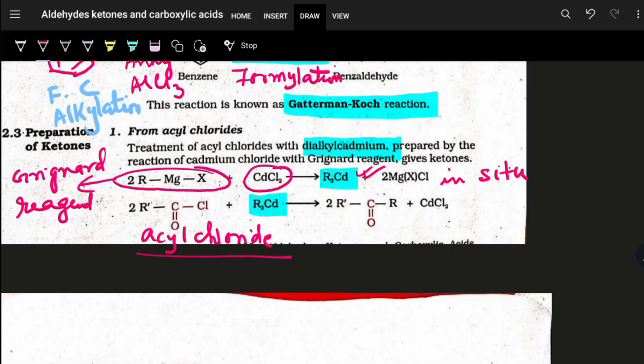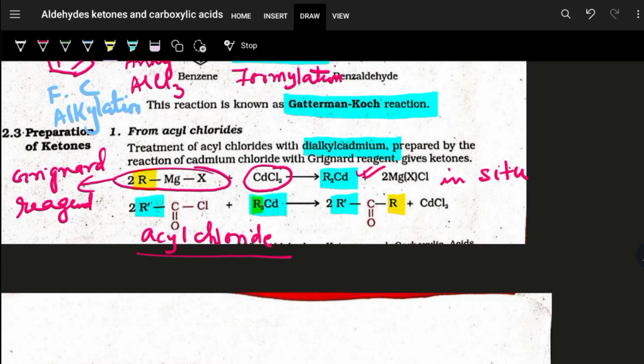Remember, in the ketone, one R is coming from the Grignard, the other R dash is coming from acyl chloride. So this RMgX, from here also you are getting this R in dialkyl cadmium.